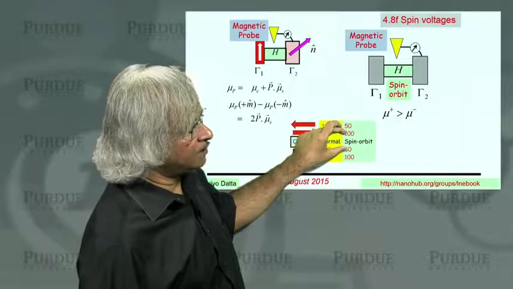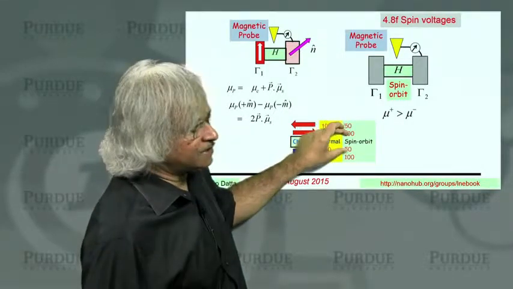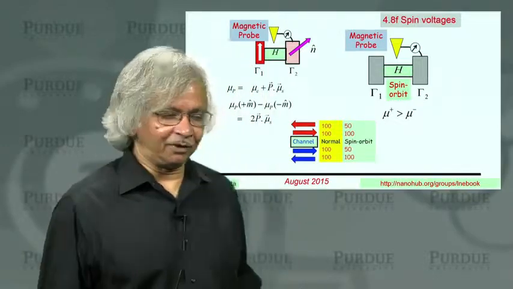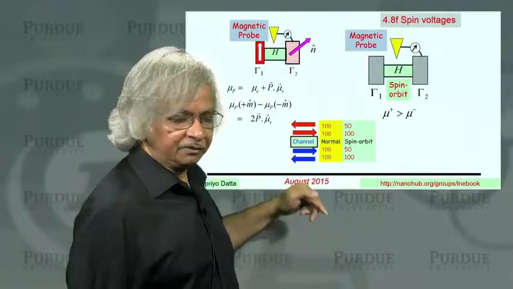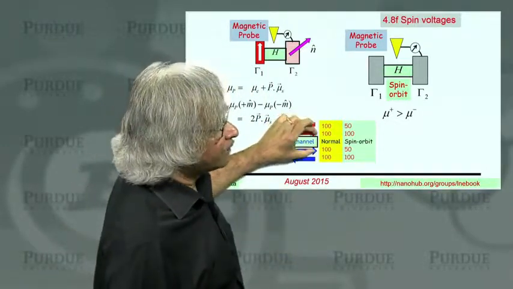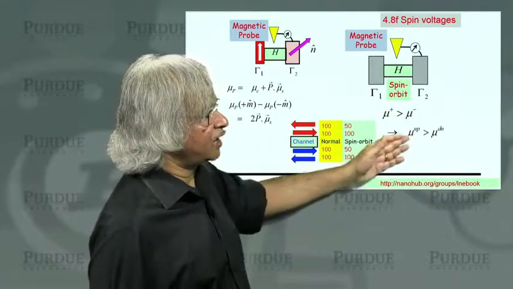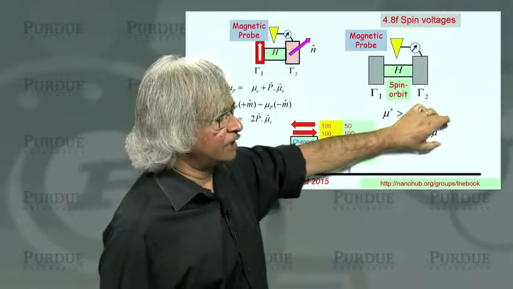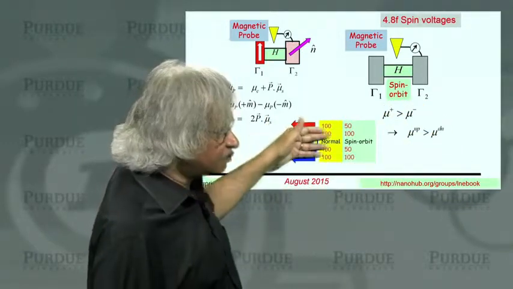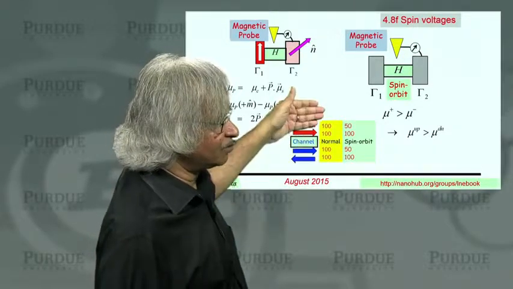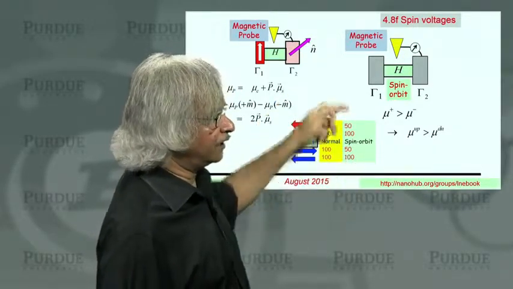But in spin orbit materials, there's more upspins than downspins because of this spin momentum coupling that we had talked about in a couple of lectures earlier. And so mu plus greater than mu minus translates to having more upspins than downspins because states moving to the right are more up than down, whereas states moving to the left are more down than up.